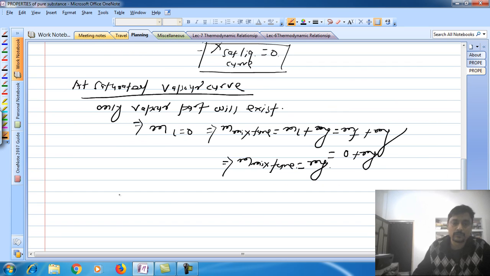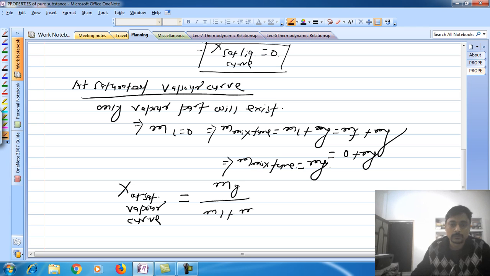So if I have to find the dryness fraction at the saturated vapor curve, it is equal to mass of vapor divided by mass of liquid plus mass of vapor.